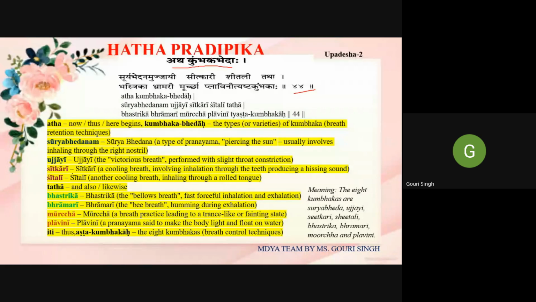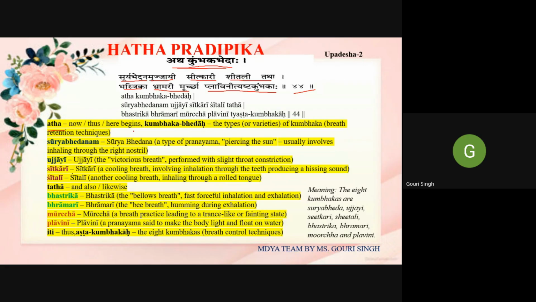Here he defines the Atha Kumbhaka Bheda: Surya Bhedanam, Ujjayi, Sitkari, Sheetali, Bhastrika, Bhramari, Murcha, Plavini, the eight kumbhakas. What are the kumbhakas described here?